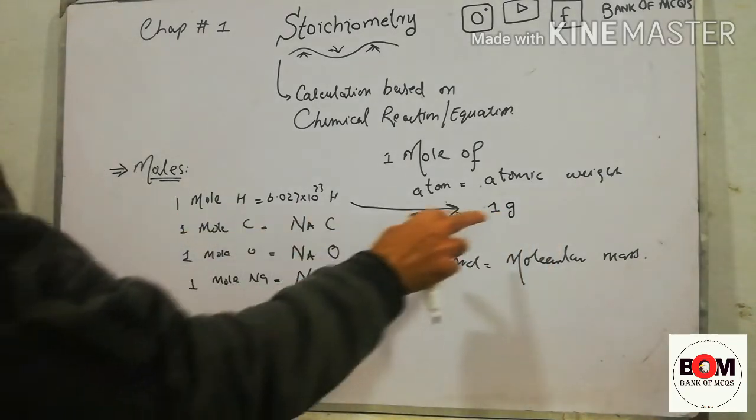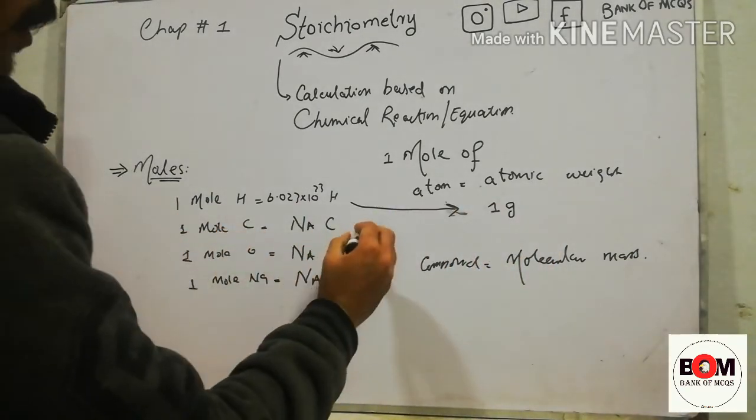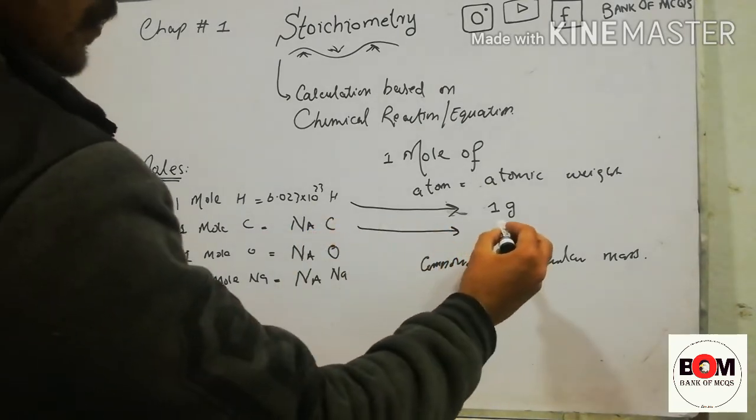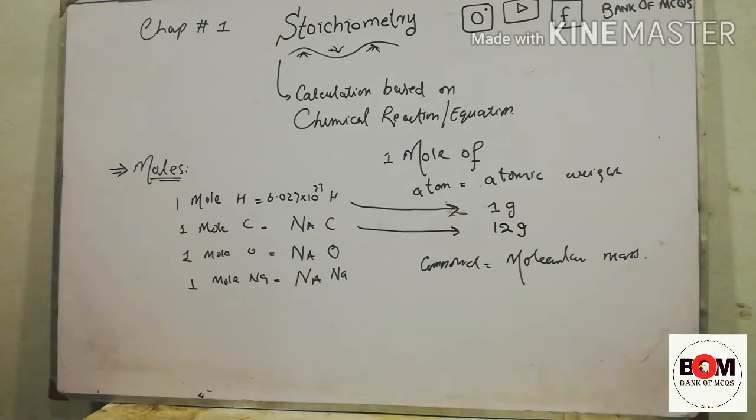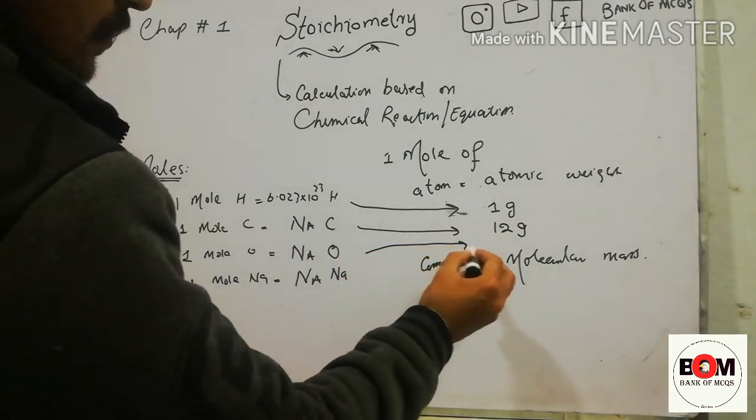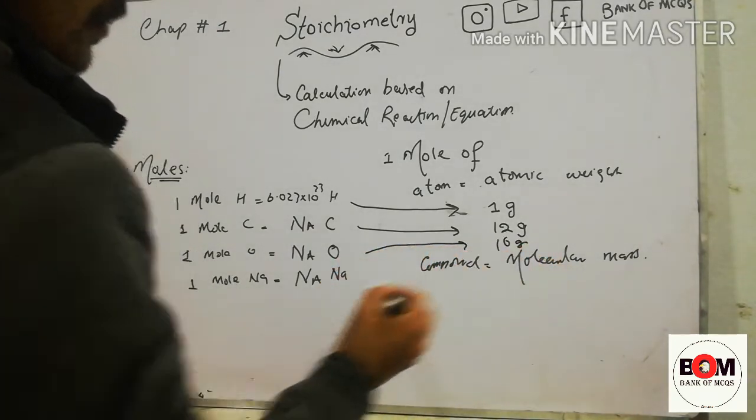So 1 mole of hydrogen is equal to 1 gram, and 1 mole of carbon, whose atomic mass is 12, is 12 gram, and 1 mole of oxygen is 16 gram.